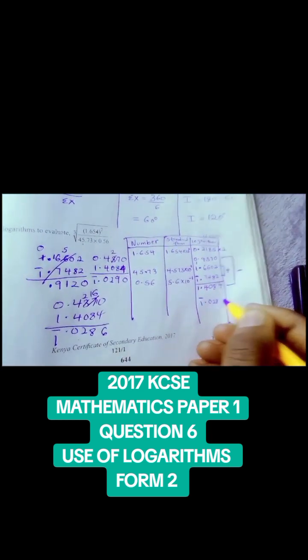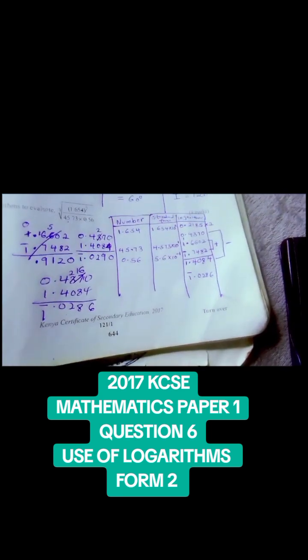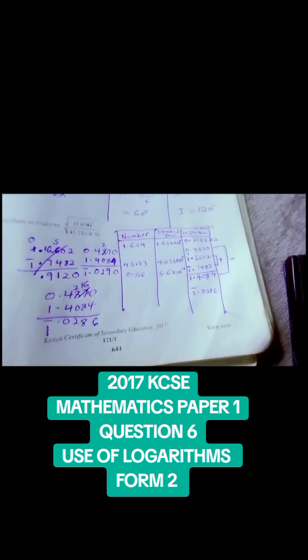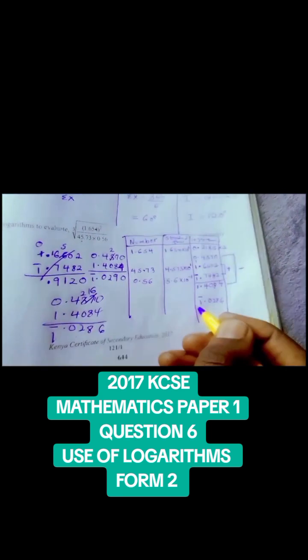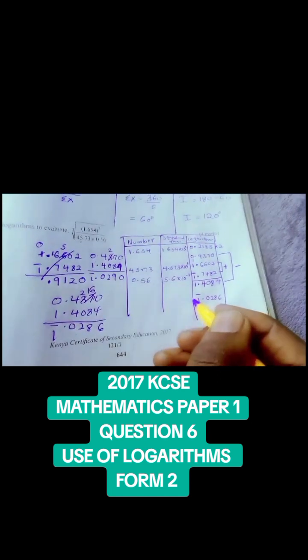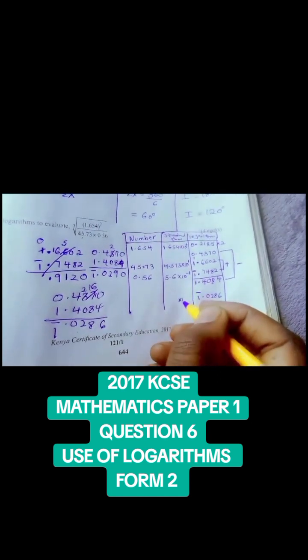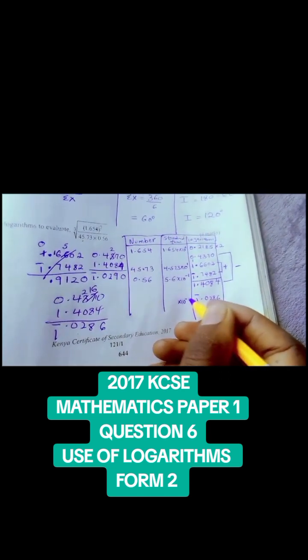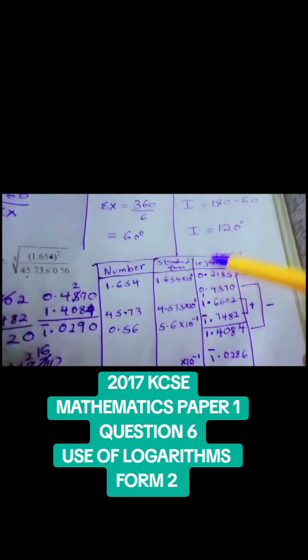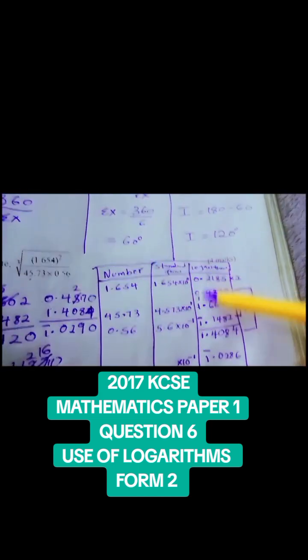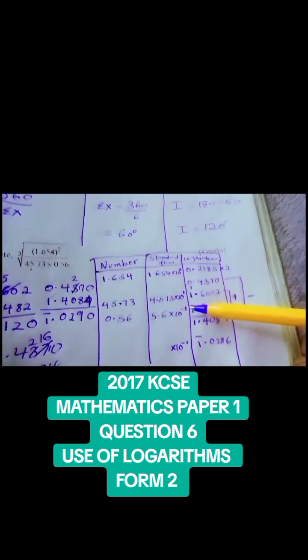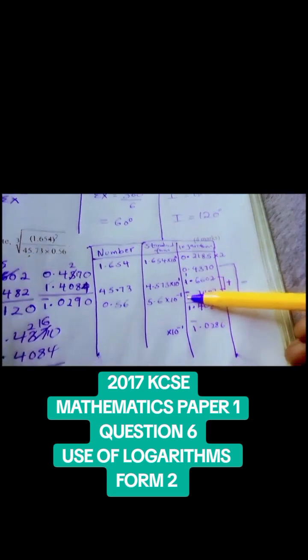So if we continue, from this point you're supposed to find the antilog, just doing a reverse of what was happening. You realize that when it was power 0, we started with 0. When it is 1, it is 1 here. When it's negative 1, it is negative 1. Therefore, if at this point it is bar 1, we are supposed to put bar 1.